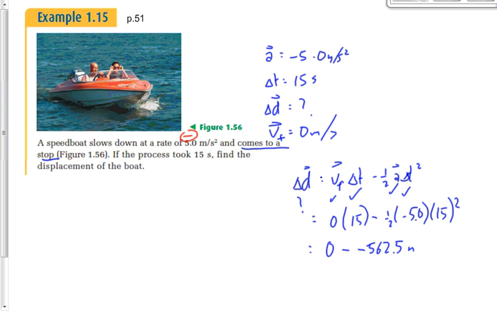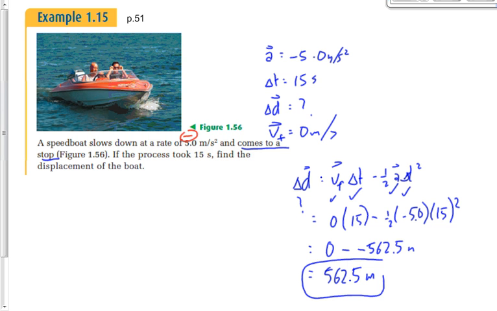Negative, right? I was subtracting 1/2 of negative 5, so negative 562.5. What is that? 0 minus negative 562.5. Right, positive 562.5. Now, it should be a positive number, right? If the boat is moving in the forward direction, then its displacement must be in the forward direction. Its displacement must be a positive value here.